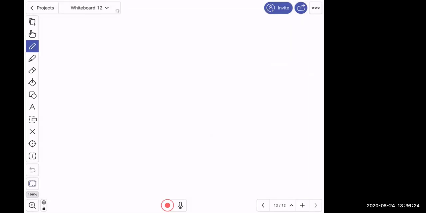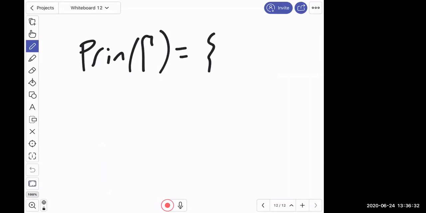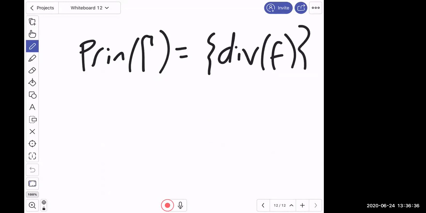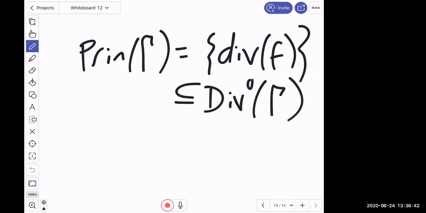Okay, and now we can define principal divisors to be the set of all divisors of the form div f for some rational function f. And that, by an easy argument, is actually a subgroup of div 0, the divisors of degree 0.